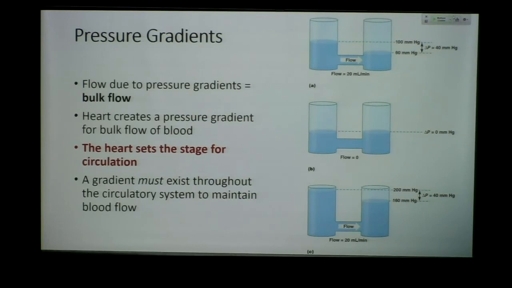So this image is really just highlighting the directly proportional relationship between flow and that pressure gradient. If we have flow, we have a pressure gradient. If we lose flow, we lose the pressure gradient. If we increase the pressure gradient, we increase the flow. If we decrease the pressure gradient, we decrease the flow. Okay, that's a directly proportional relationship.